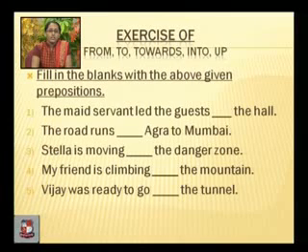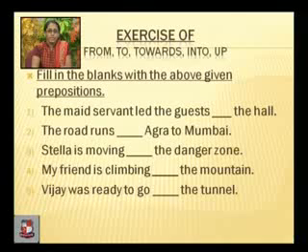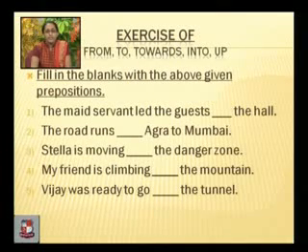Next sentence: The road runs from Agra to Mumbai. So Agra is the starting point, whereas to is the end point, and this is the exact position, place, Agra and Mumbai. Stella is moving towards the danger zone. Maybe she has participated in a game and Stella is moving towards the danger zone.